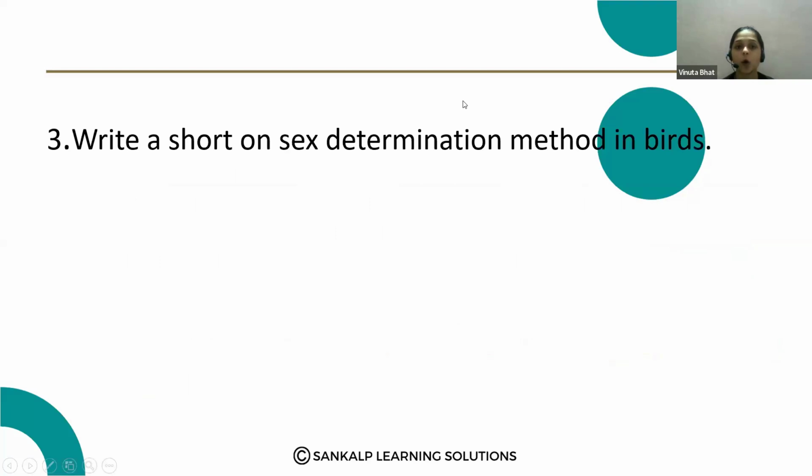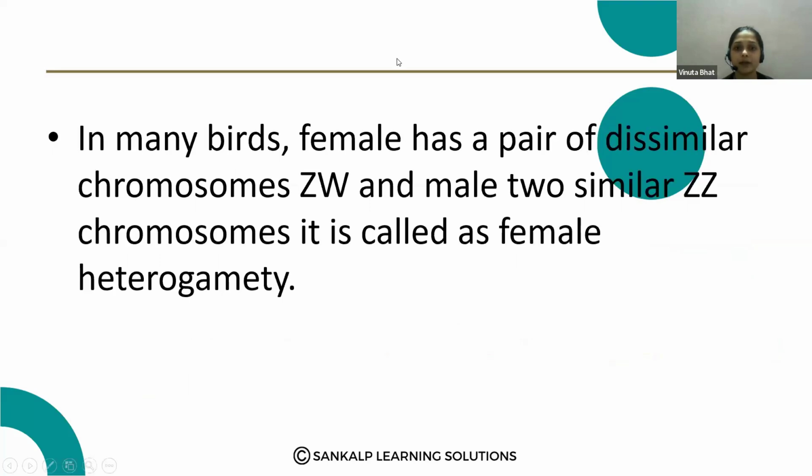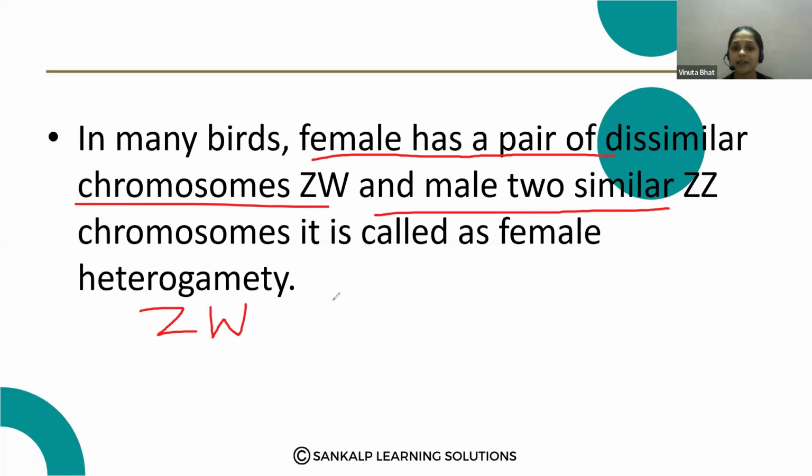Write a short note on the sex determination method in birds. This is also one of the important questions. In many birds, the female has a pair of dissimilar chromosomes, that is ZW, and the males have similar ZZ chromosomes.